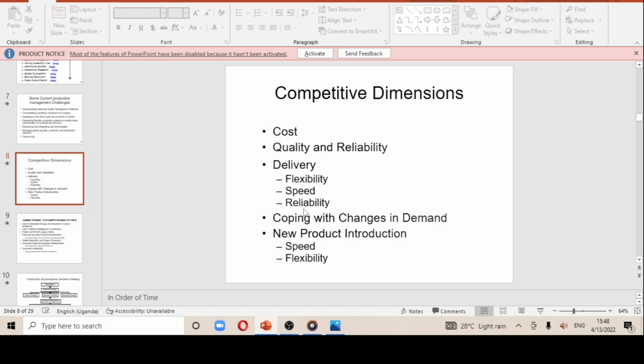Then coping with the changes in demand. Can you cope with the changes? You have periods whereby you're having a boom, customers are demanding products and you're booming, the demand is high, and at a particular time you're having low demand. Sometimes you may have low demand for a long period of time, but can you sustain it? So, coping with the changes in demand. You will find that since something is being demanded at a low, like the demand has decreased because of the current situation, because of COVID, certain products are not being demanded.